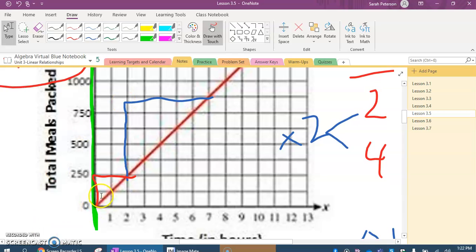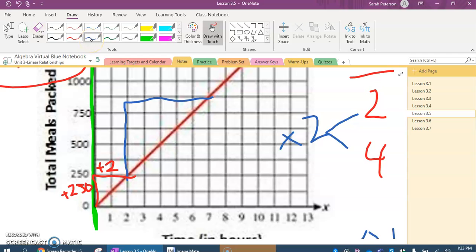So if you look, each box is worth 125. It goes up by 125. So if I rise 2 boxes, I'm actually going up 250 here. And I'm running 2 spaces on this x-axis because it's counting by ones. So I'm running a positive 2.